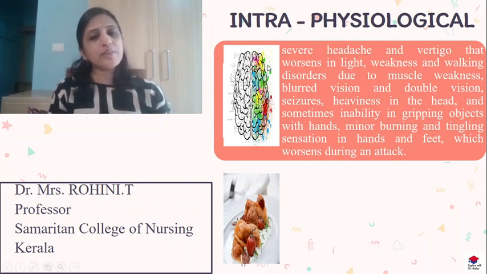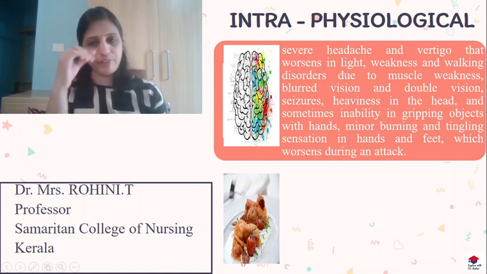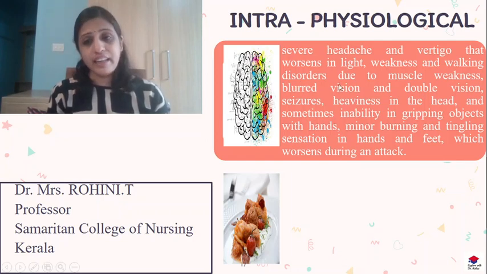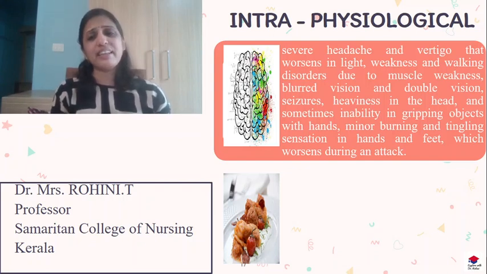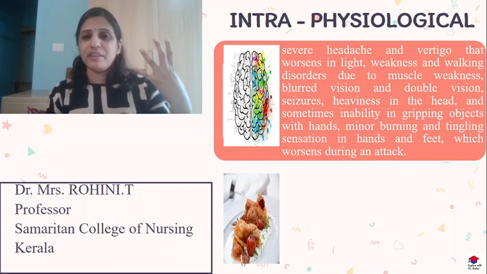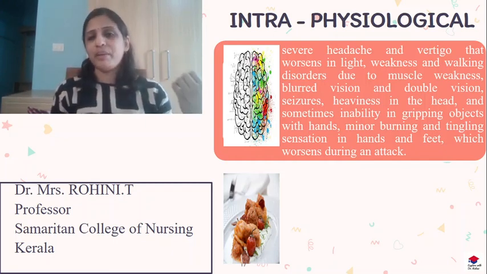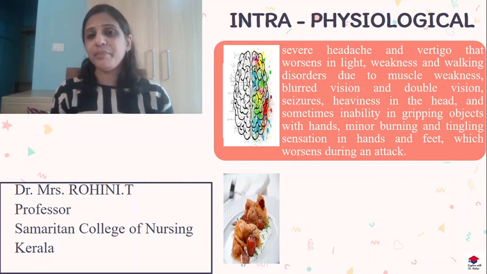Now this patient is found to suffer from severe headache and vertigo that worsens in light. Dizziness is there, weakness is there. Walking disorders are due to muscle weakness because the brain is starting to degenerate. The brain is starting to have demyelination.